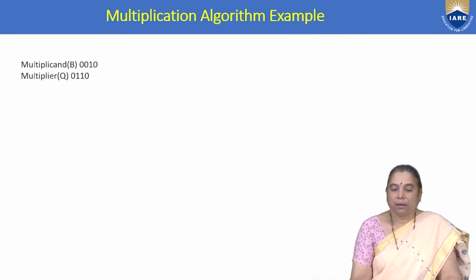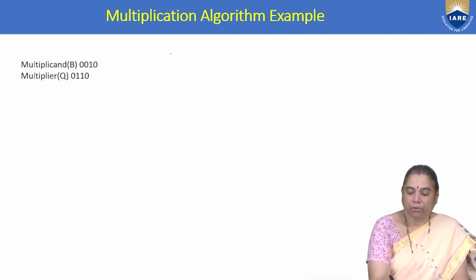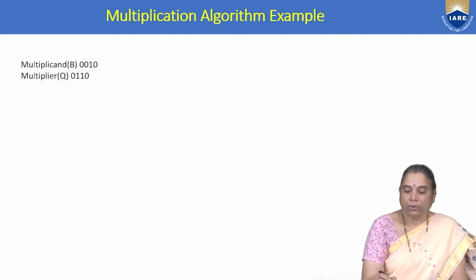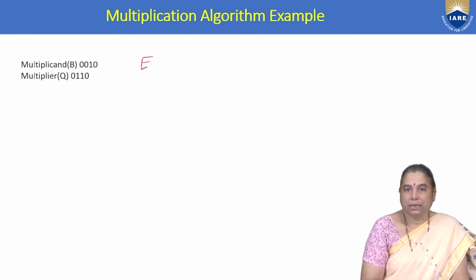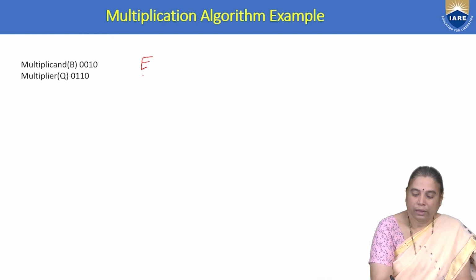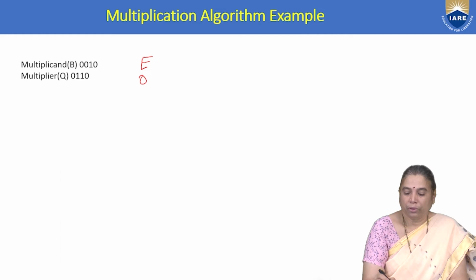Here I am considering the multiplicand B as 0, 0, 1, 0. We have to consider E, the extra carry that can be produced. Initially it is 0.